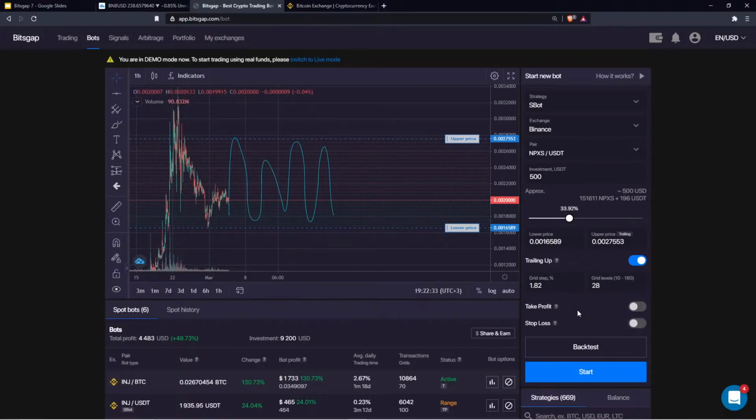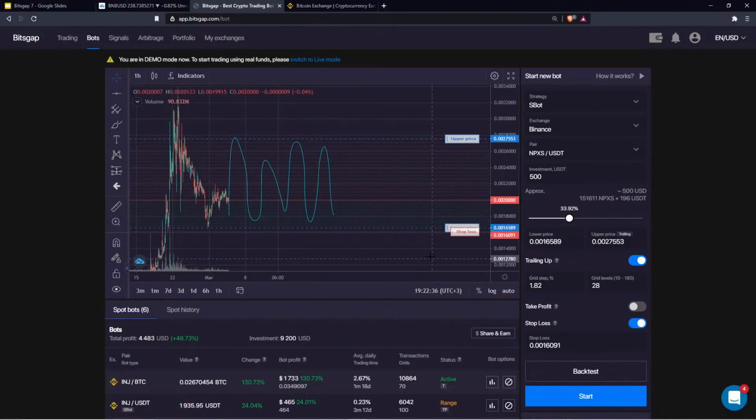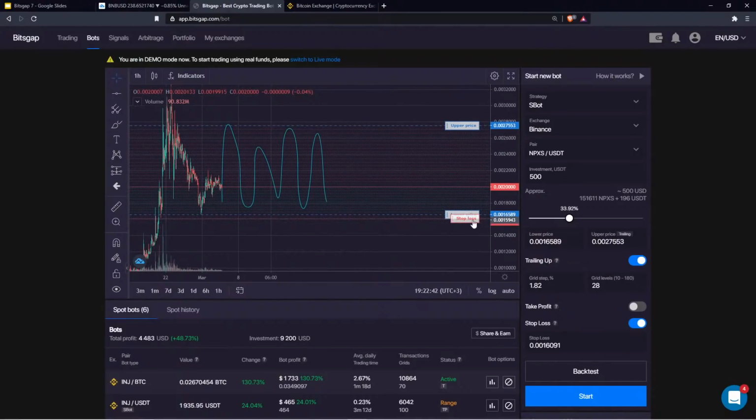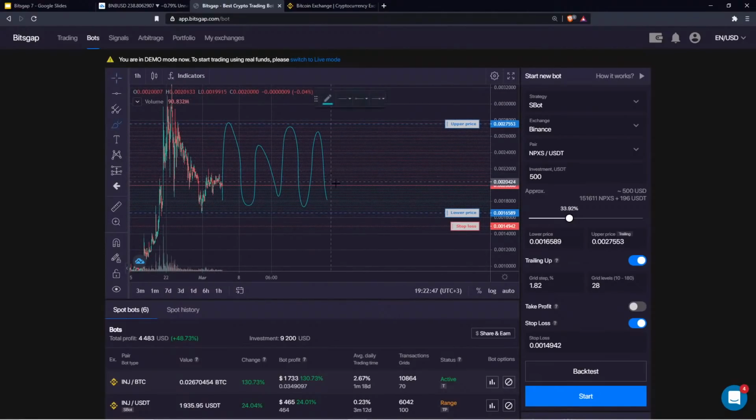So the rule of thumb here is to use the stop loss. You see, once I click on stop loss, it appears below the trading range, which I can drag as well. So if the price falls and breaches the lower limit price, the maximum loss is going to be at that point where you see the stop loss.